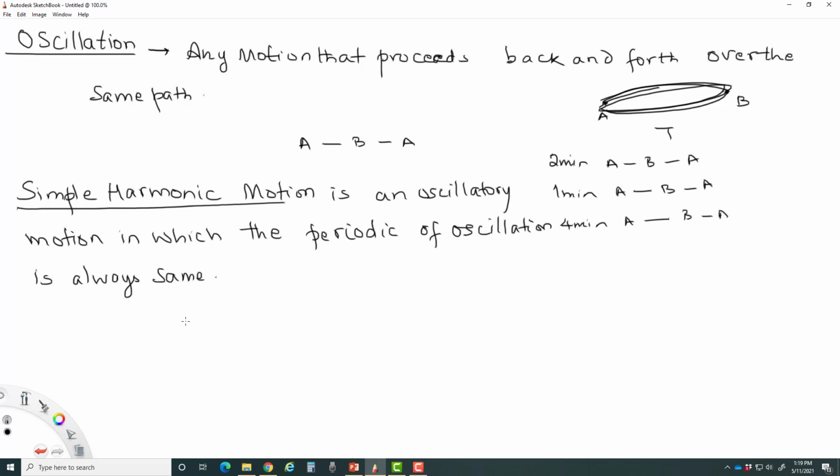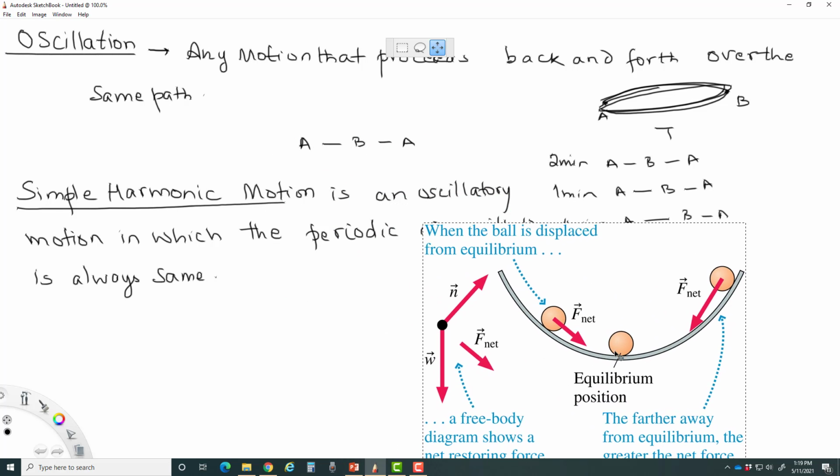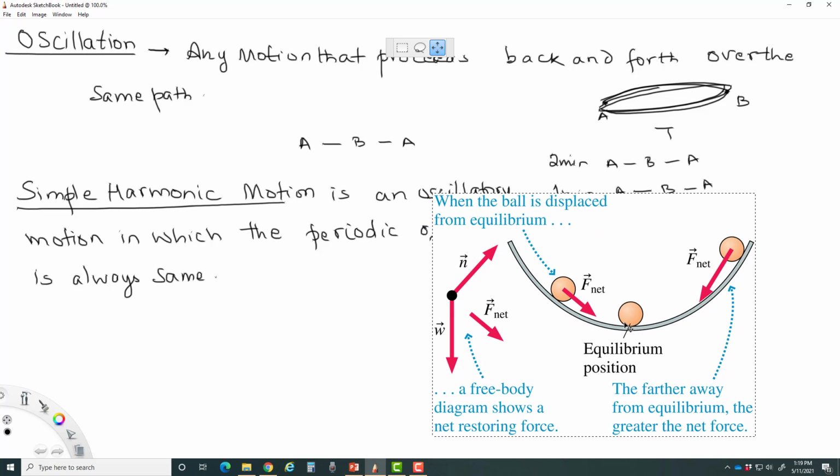Okay, so let's see an example of this kind of oscillatory motion, in which the period is always the same.